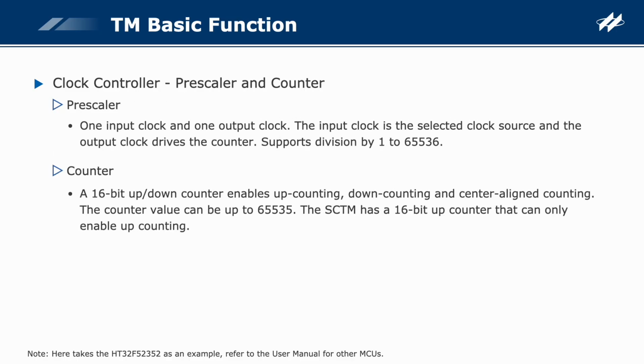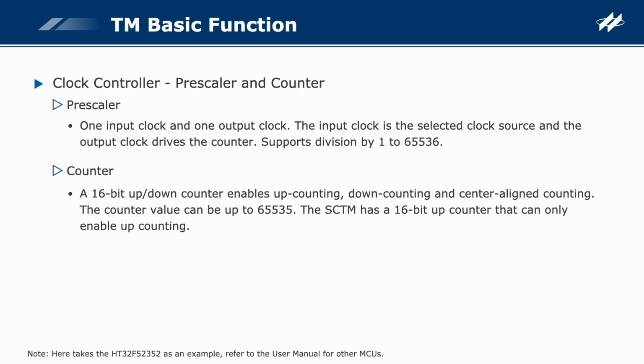Then, go on to the prescaler and counter. The counter in different timers is different. We will take the GPTM as an example. The prescaler has 1 input clock and 1 output clock. The input clock is the clock source output, while the output clock drives the counter.